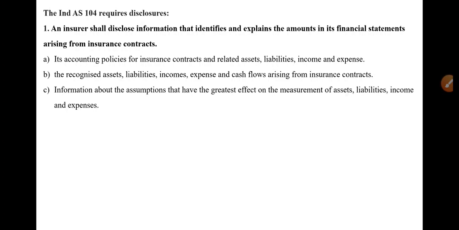So in the financial statements of insurance companies, information regarding those assumptions, like concepts and conventions, should be given. Concepts and conventions are nothing but assumptions and ideologies, right? So as per Ind-AS, there are some assumptions related to the assets, liabilities, incomes and expenses of the insurance companies. Okay, so information regarding those assumptions has to be disclosed to the interested parties.